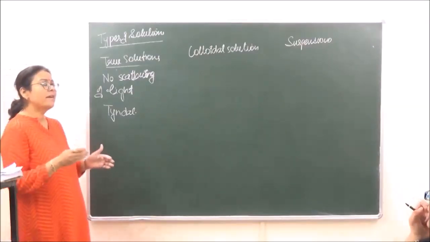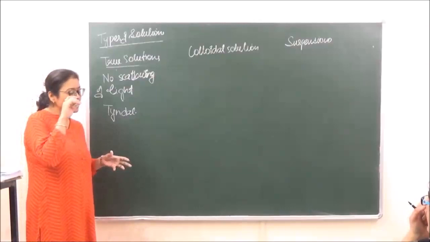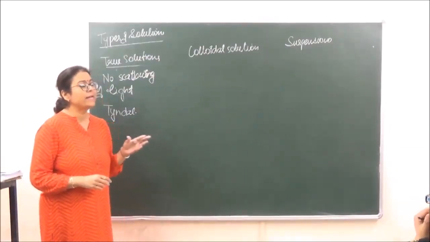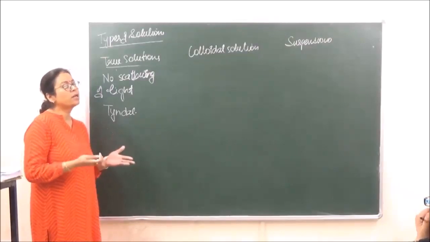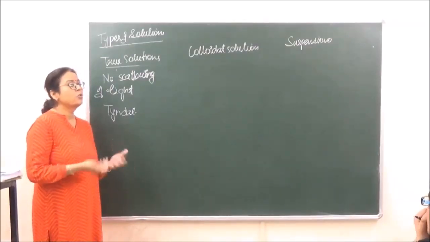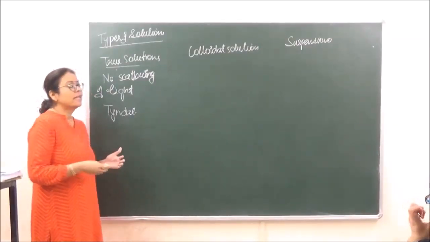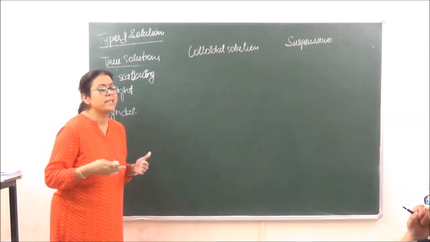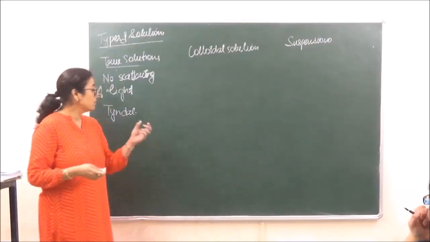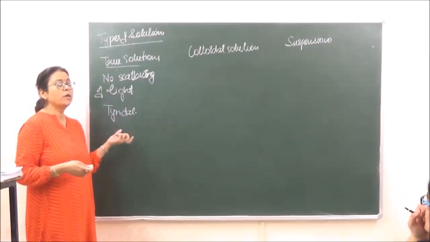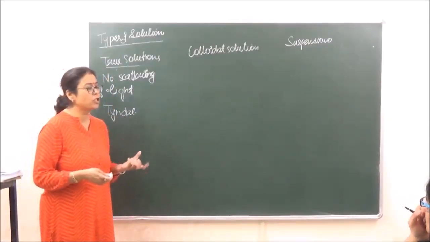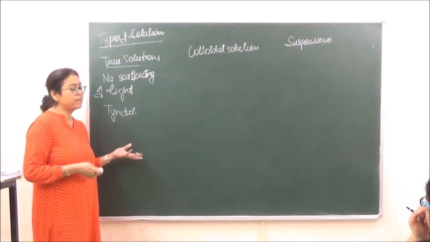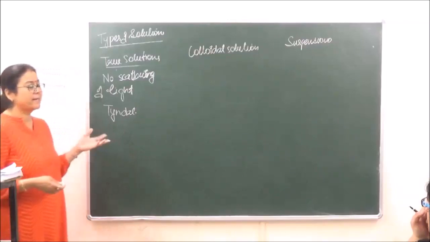What is Tyndall effect? Whenever we are passing a beam of light through any solution, if that beam of light is visible, that is what Tyndall effect is. Right? So when we're talking of Tyndall effect, there is a beam of light which we can see, that is known as the Tyndall cone. So whenever a Tyndall cone is formed by any solution, that solution is said to be showing the Tyndall effect. We will do this in detail later.